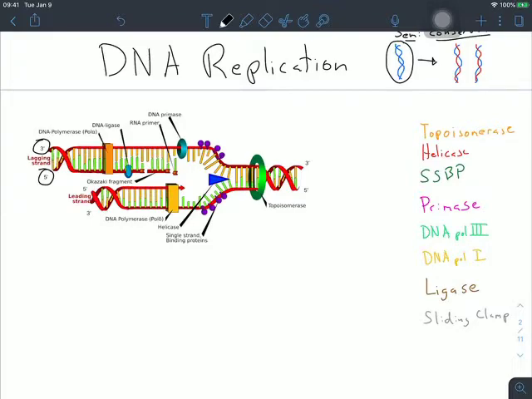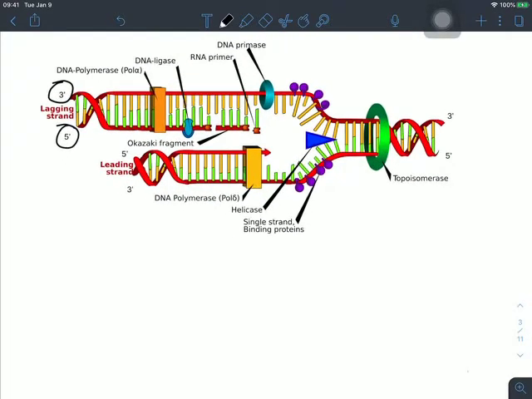And I want you to keep track of the fact that DNA will always build, starting at the 5' end and build towards the 3' end. This is called the leading strand of DNA.